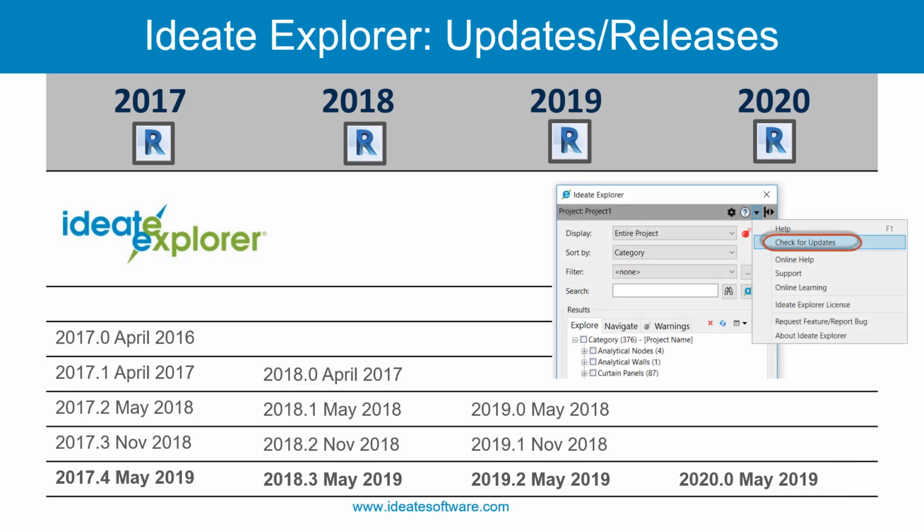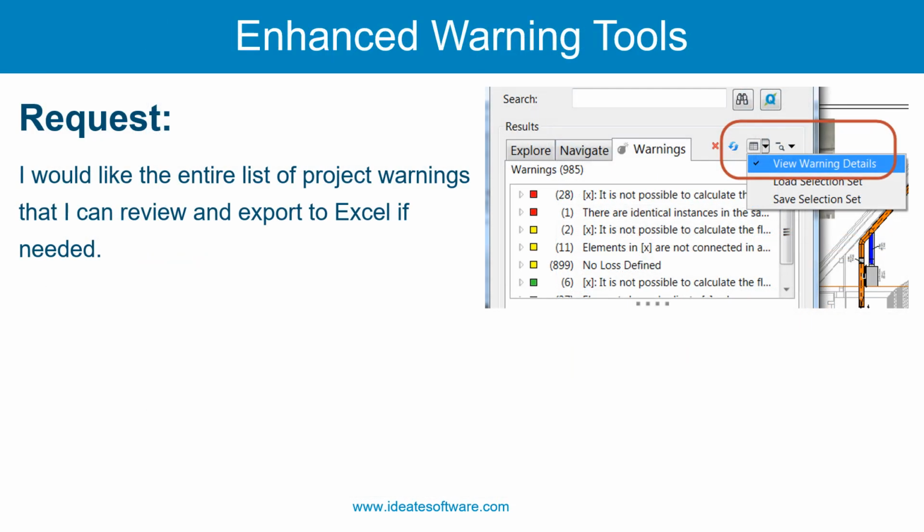You can review your installed Ideate Explorer versions by selecting the Check for Updates option on the Ideate Explorer pull-down menu. All the changes mentioned in this video apply to Revit 2017, Revit 2018, Revit 2019, and Revit 2020, unless otherwise noted. You asked for the ability to export the project warnings to Excel.